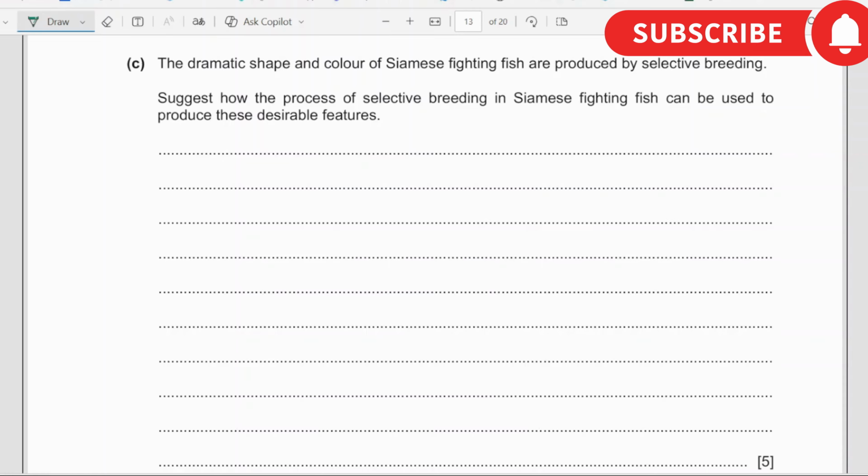This is a very important question coming in almost all papers: natural selection or selective breeding. Just give a general overview, like any desirable feature, what can be done. They have said that it has a dramatic shape and color. The fins are very colorful and big.